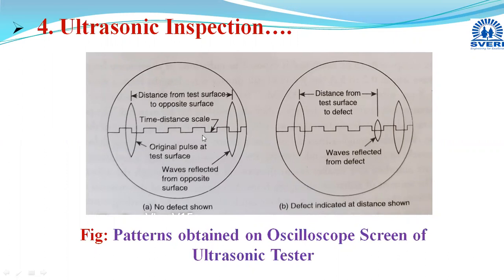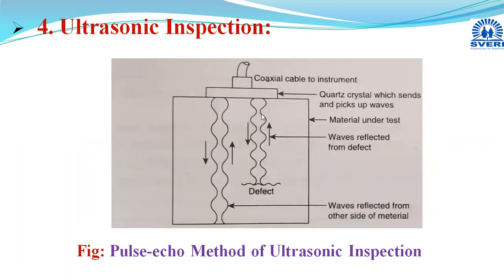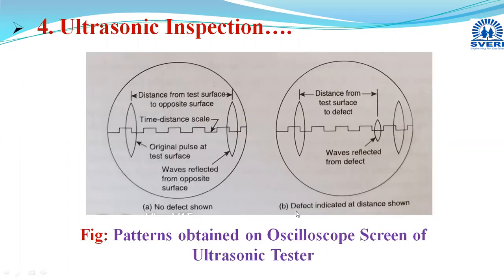In the same way, if a defect is there, please observe this. We will end up with this kind of spot, the wave reflected from the defect. A tiny spot will be there, and we can determine the distance depending on the speed of the ultrasonic wave and the time required.